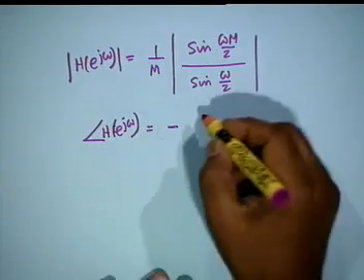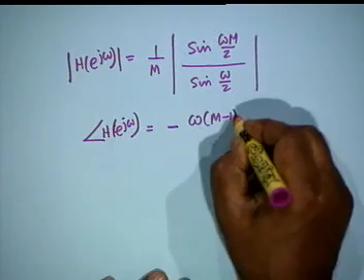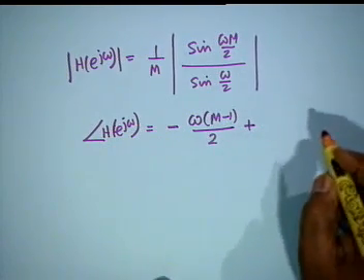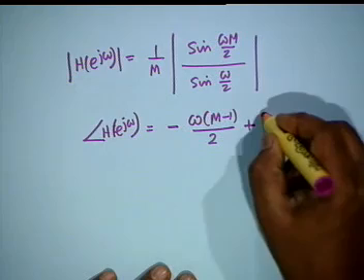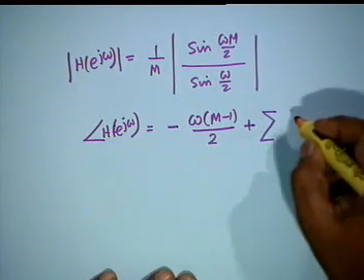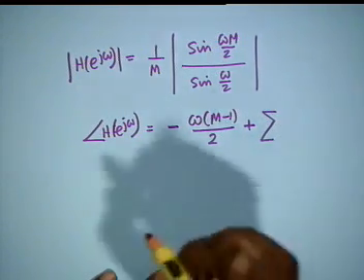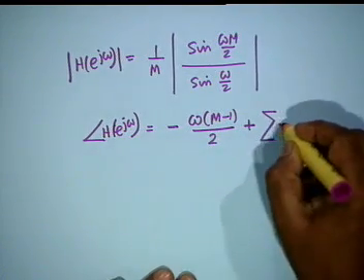Then you have to take care of the phase transitions by pi. Wherever there is a zero crossing, there occurs a phase transition. So an angle pi is added there, and therefore the general expression becomes minus omega times M minus 1 by 2 plus, there are many transitions, let us see how many we shall add later, but at each transition a step function of magnitude pi, a phase of pi, is added to the whole thing.